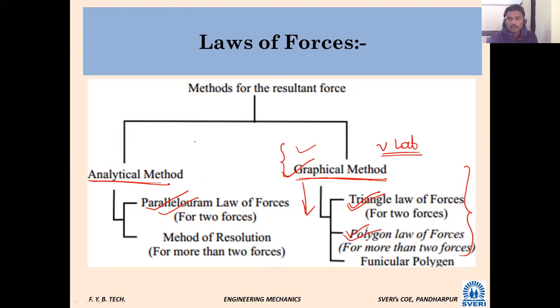What is a polygon? Have you heard this word, polygon? To whom should we say polygon?